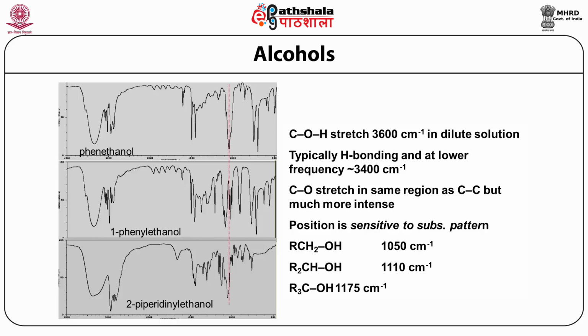The position is sensitive to the substitution pattern: for example, for the primary alcohol CH2OH it is 1050 per centimeter, for the secondary alcohol it is 1110 per centimeter, and for the tertiary carbon it gives 1175 per centimeter.